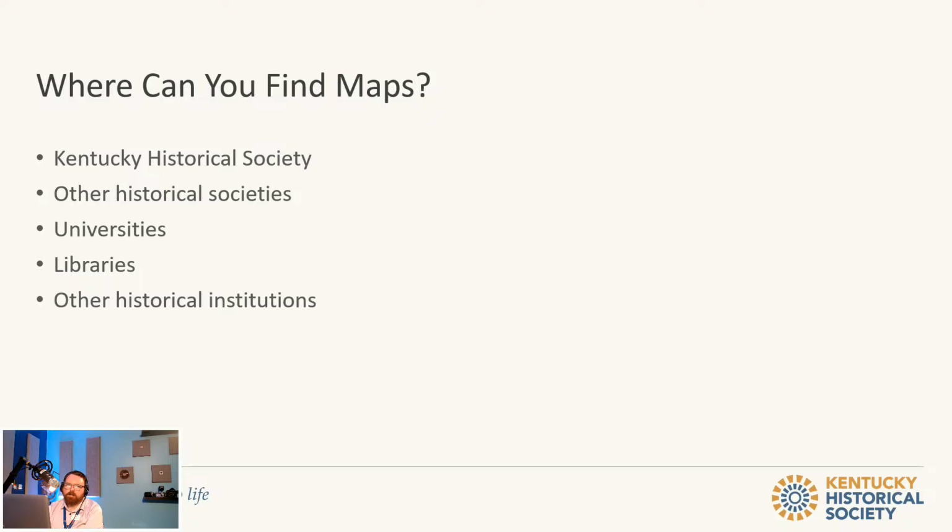So sometimes it's worth checking your local public library, especially here in Kentucky, where a lot of public libraries have a Kentucky genealogy area or a Kentucky room. They may keep different genealogical materials relating to Kentucky or their respective counties, and that could include maps as well, possibly.